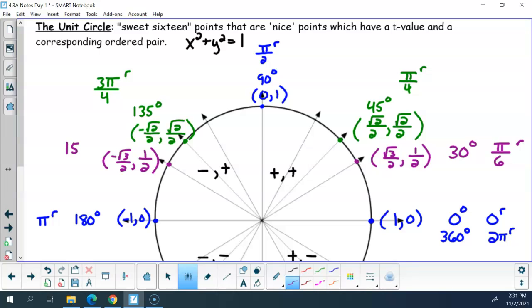I'm pi over 6 short of pi. 5 pi over 6. Explanation? What's pi in terms of 6? 6 over 6, right? Because it's 1. And if I'm 1/6 short of that, I'm at 5 pi over 6. Okay.